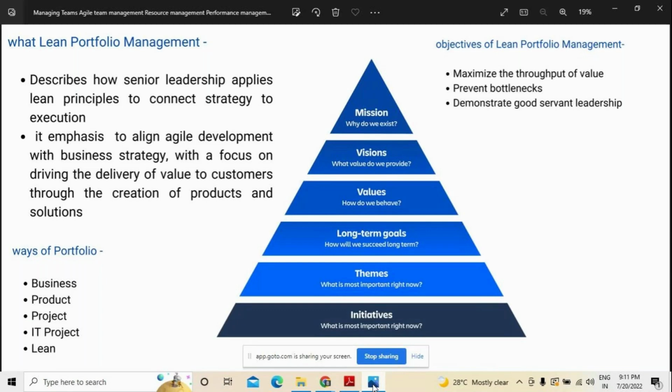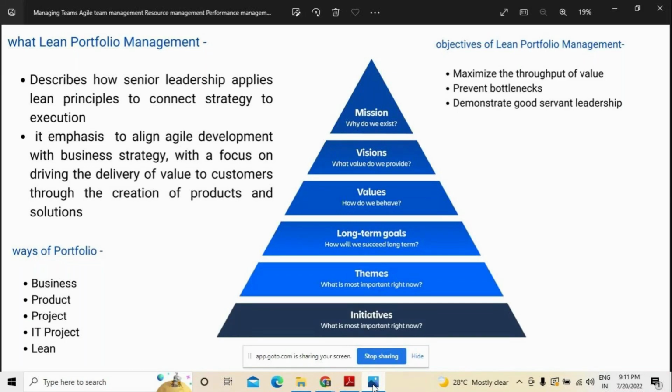So lean portfolio management majorly focuses on how the senior management team has to apply the lean principles to connect the business strategy they have identified, because any business requires a strategy from a long-term perspective.